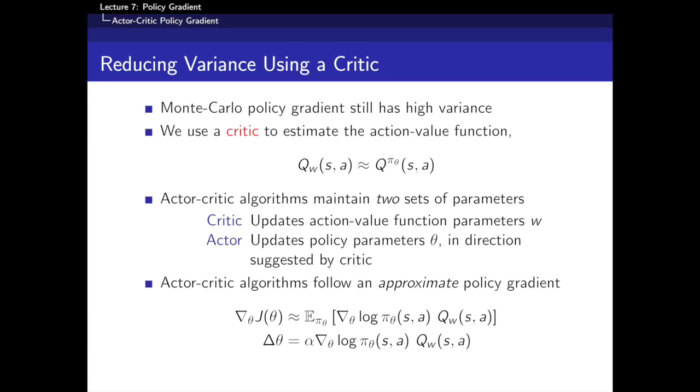And what we're going to do then is, at each step, we're just going to move a little bit, using stochastic gradient ascent. Every step we're going to move a little bit in the direction of the score multiplied by a sample from our own function approximator. So the critic is saying, hey, I think this thing is good, or I think this thing is bad, and then we move a little bit in the direction that gets more or less of the things that the critic says are good or bad. Okay?